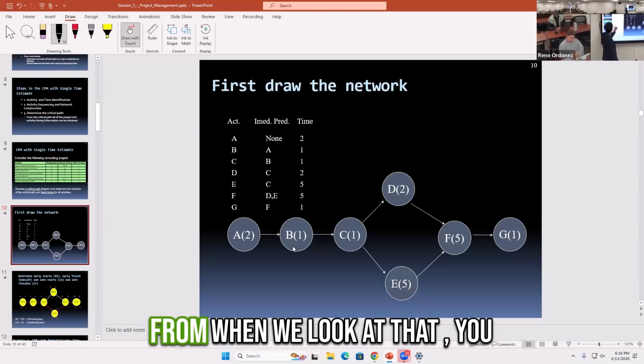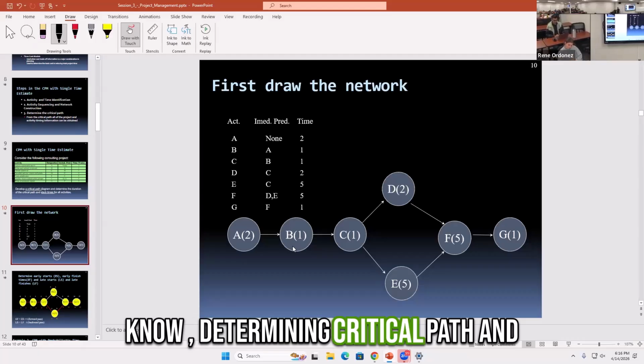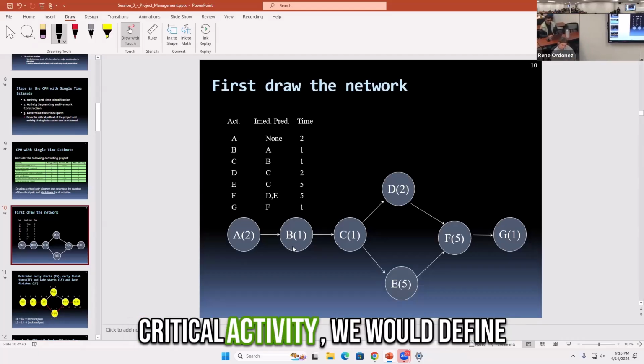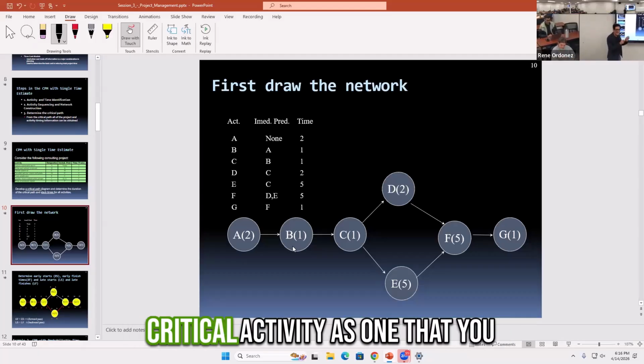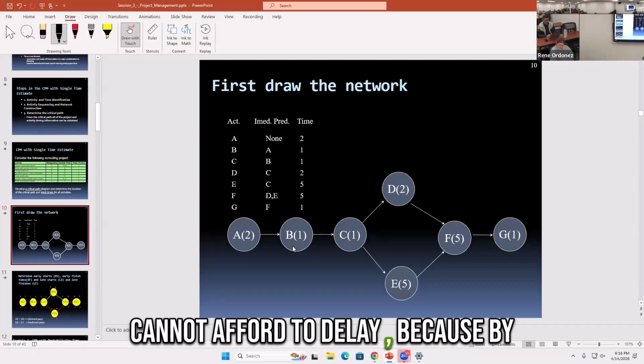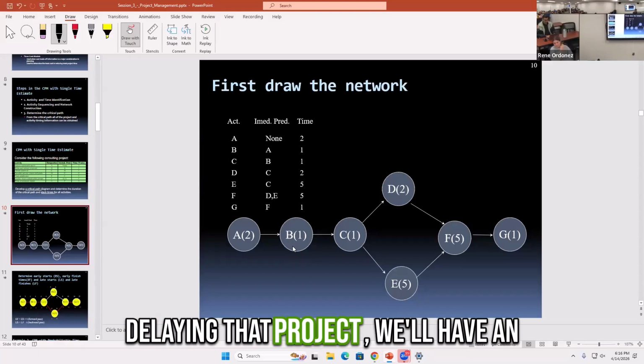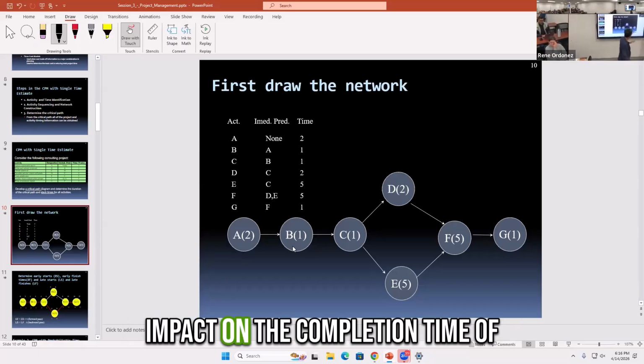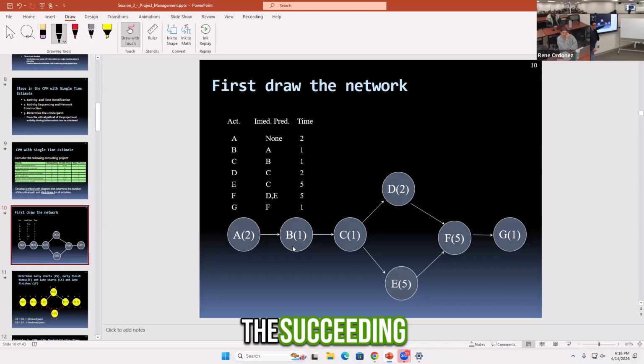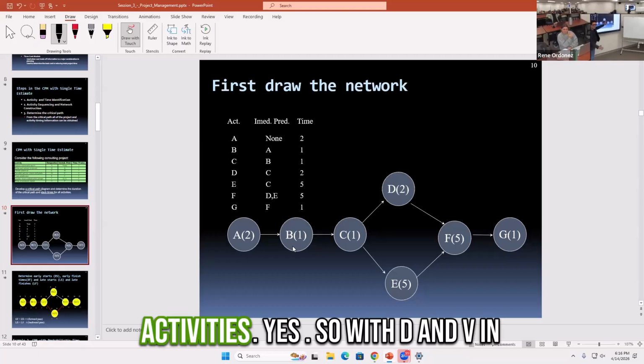So when we look at determining the critical path and critical activity, we define a critical activity as one that you cannot afford to delay, because delaying it will have an impact on the completion time of the succeeding activities.